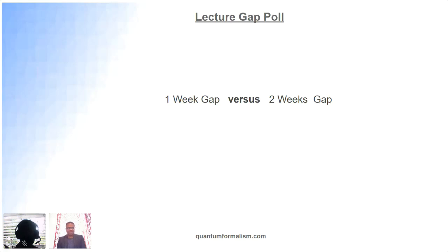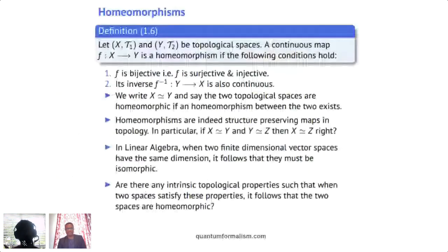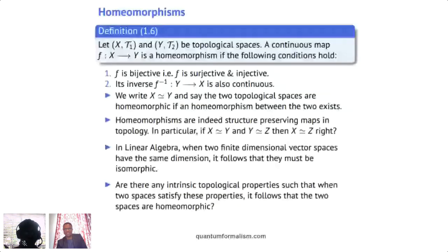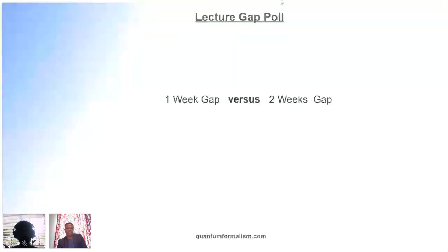Anyone want to make a case for why we should do 2 weeks? The main motivation is not the Qiskit summer school, I couldn't care less about that. It's mainly to give you enough time to go through the concepts that we've defined here and through the challenges, because otherwise you will find it very hard to follow the next sessions.